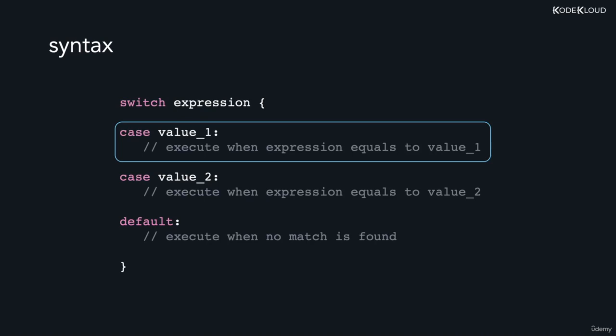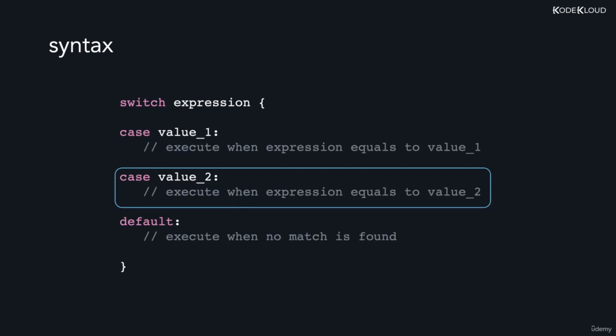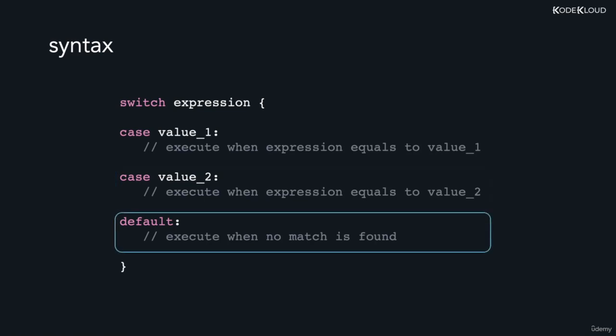Each case in a block of a switch has a different name or a number or a value, which is referred to as an identifier. The value that's provided in the expression is compared with all the cases inside the switch block until the match is found. In case no match is found, the default statement is executed and the control goes out of the switch block.